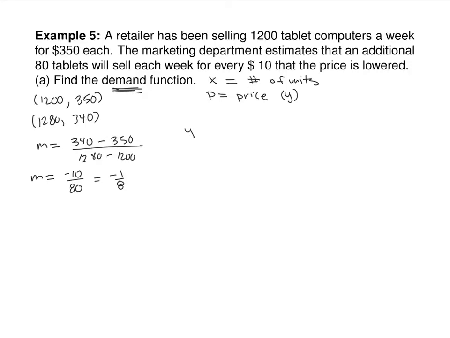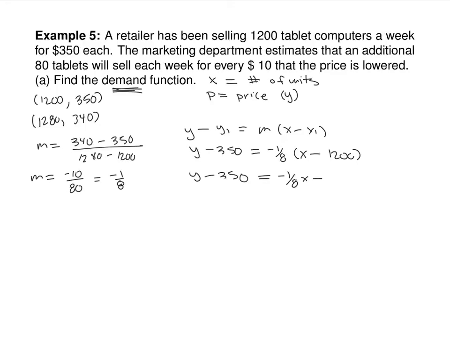0.125, yep. So y minus y1 equals m, x minus x1. So y minus, let's use 350, equals negative 1/8, x minus 1200. Okay, so what's 1200 divided by 8?